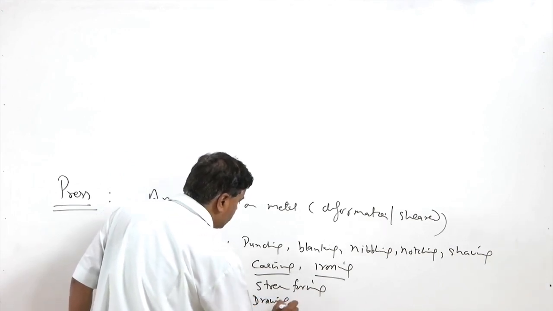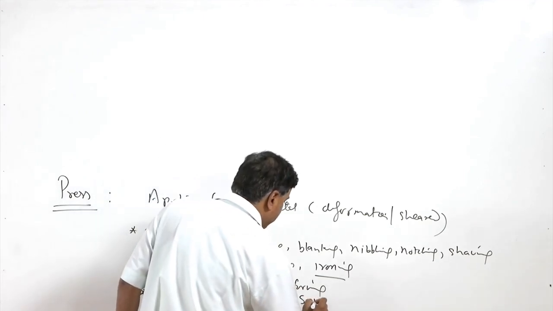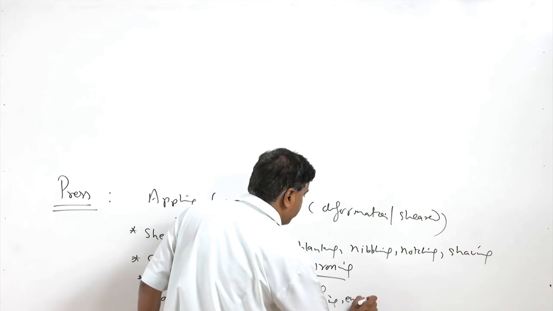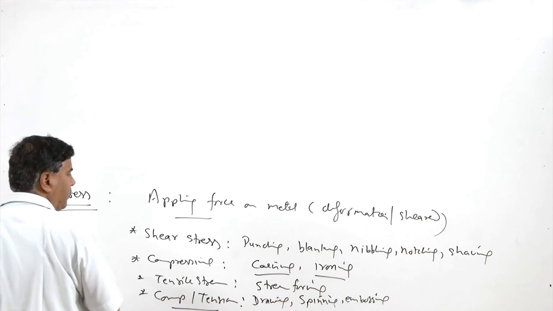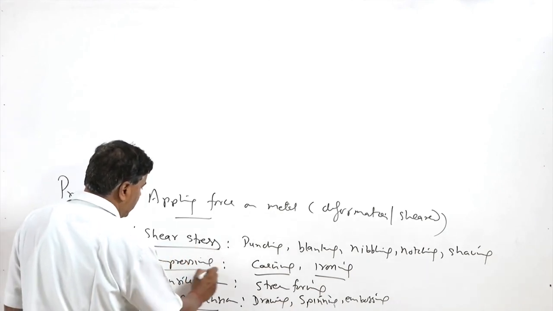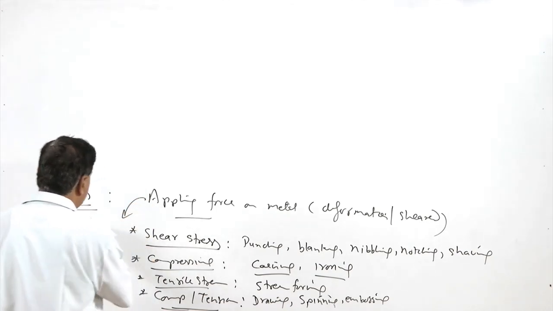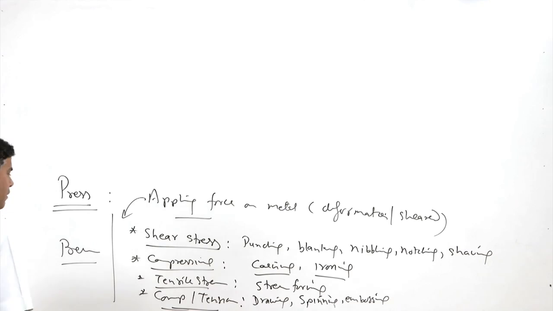Sheet metal drawing is one where cup shaped products are made, then spinning and embossing. These are the processes which use a variety of stresses induced through the application of force, and the force is applied with the help of suitable presses.